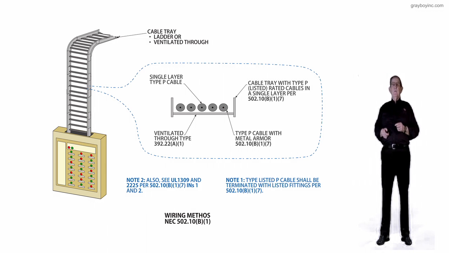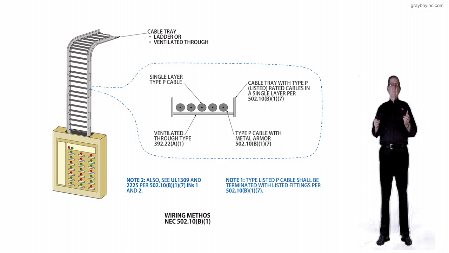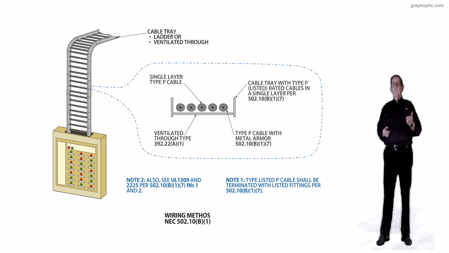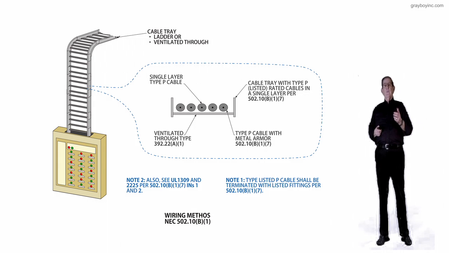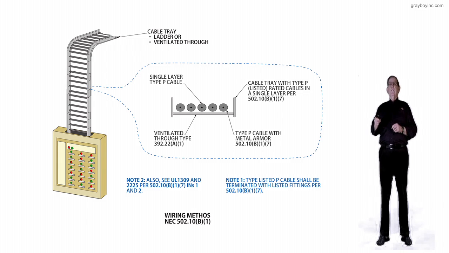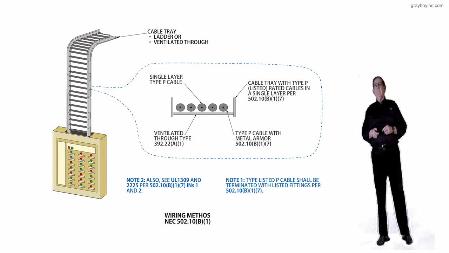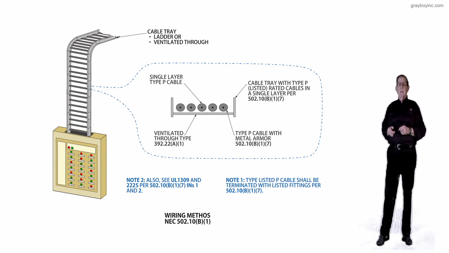Now, let's review our notes. Note 1 is really applicable where you're Class 1 Division 1, where you deal with gas and vapor, or if you're in dust. But you're in Division 1 in either case, where it's Class 1 or 2. Note 1 applies, and it says qualified personnel service the installation as outlined in 502.10(B)(1), item number 6.